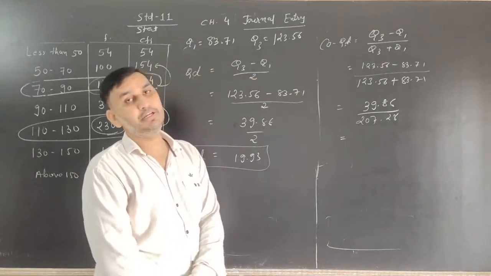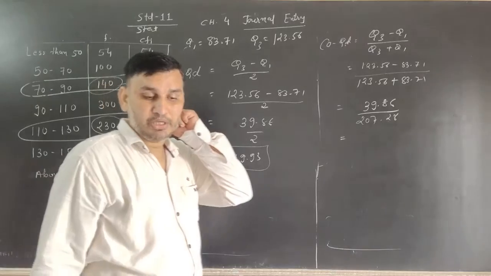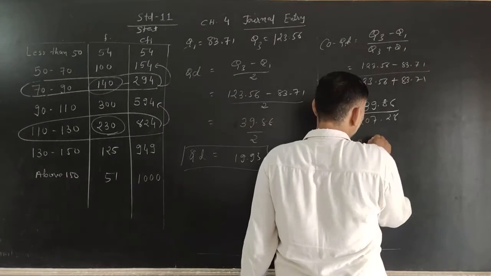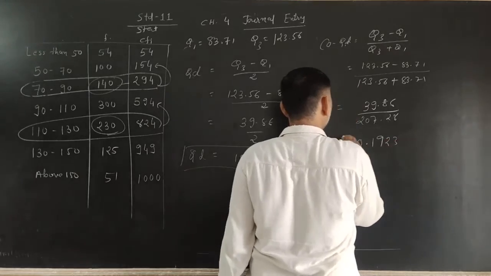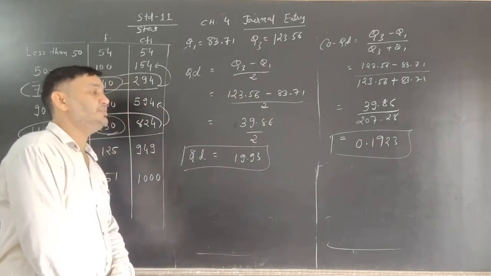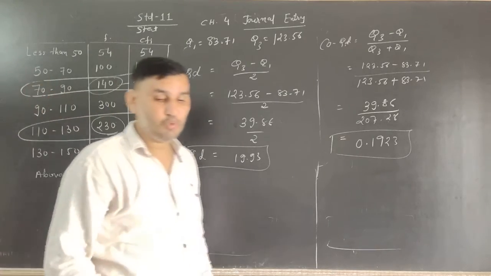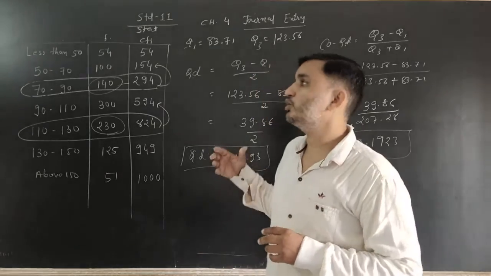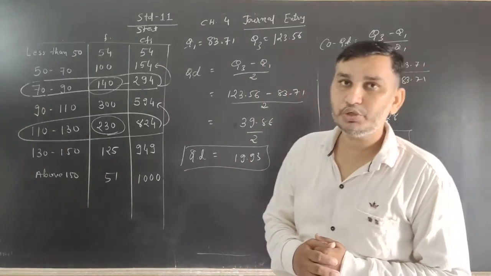Now 39.86 divided by 207.27 gives 0.1923. So the coefficient of quartile deviation is 0.1923. That is a very simple coefficient of quartile deviation of a continuous frequency distribution.